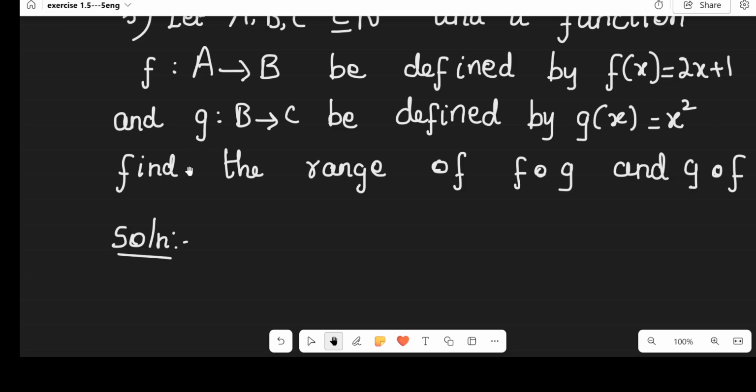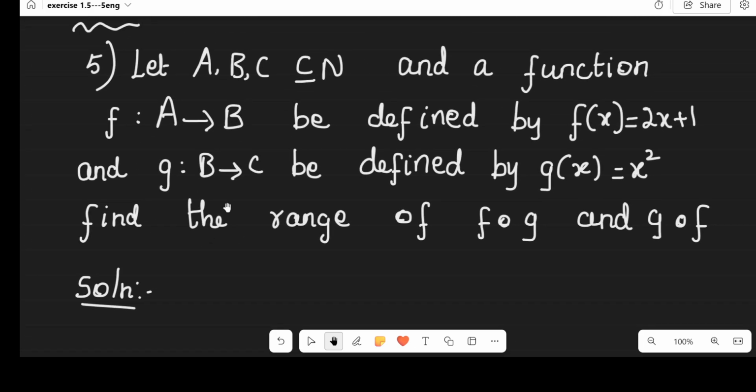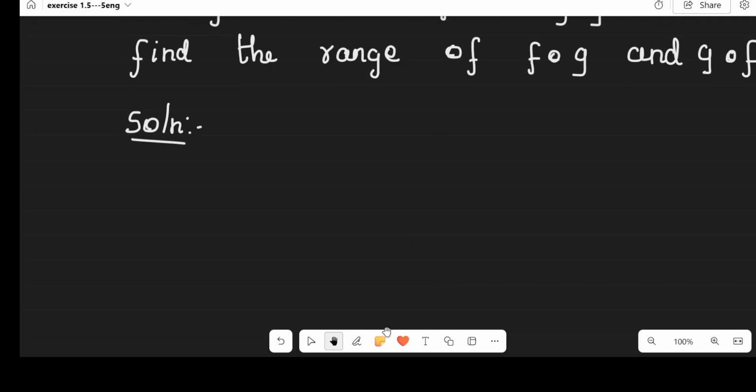Here I have written the question. So now we have to write the given information, f of x and g of x. For the solution, we should write the given data first. What is given? F of x, right?